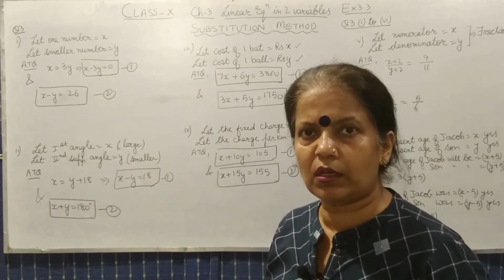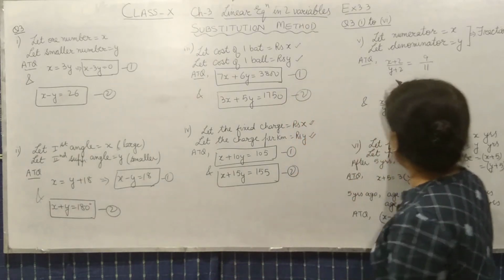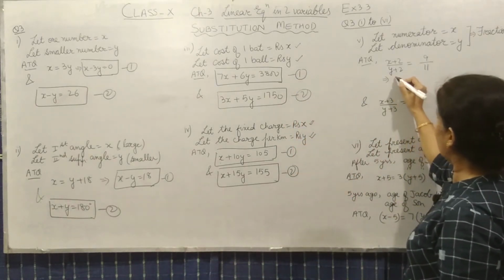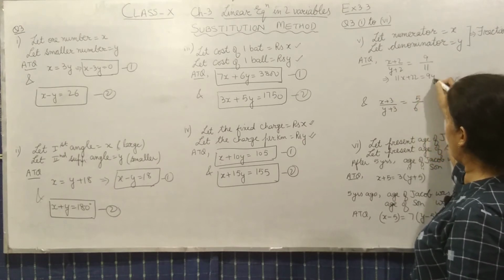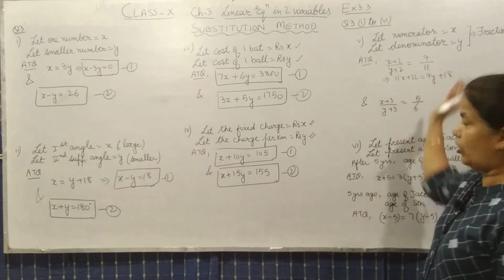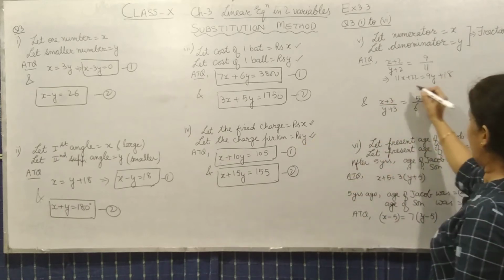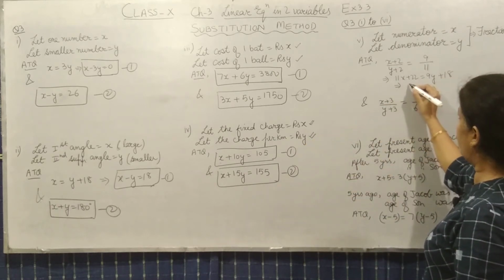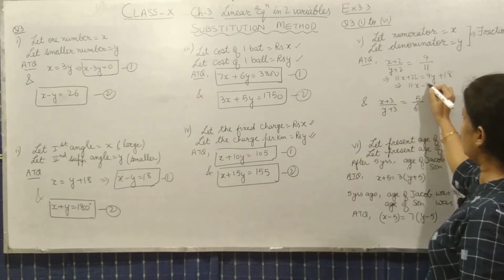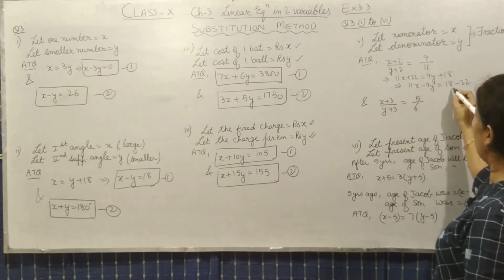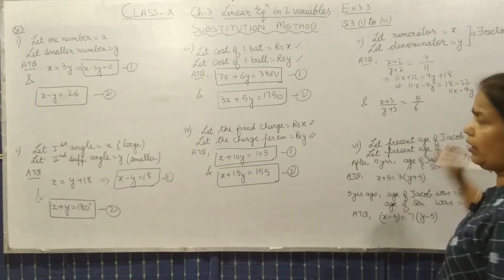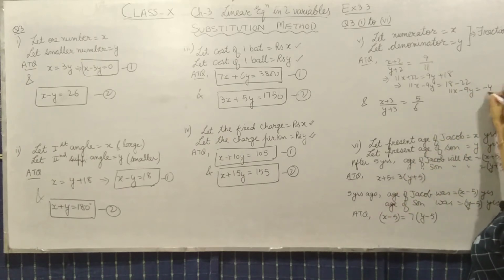It is not in linear form, so cross multiply. 11x plus 22 equals 9y plus 18. Now shift the terms: 11x minus 9y equals 18 minus 22. So you will get 11x minus 9y equals minus 4.